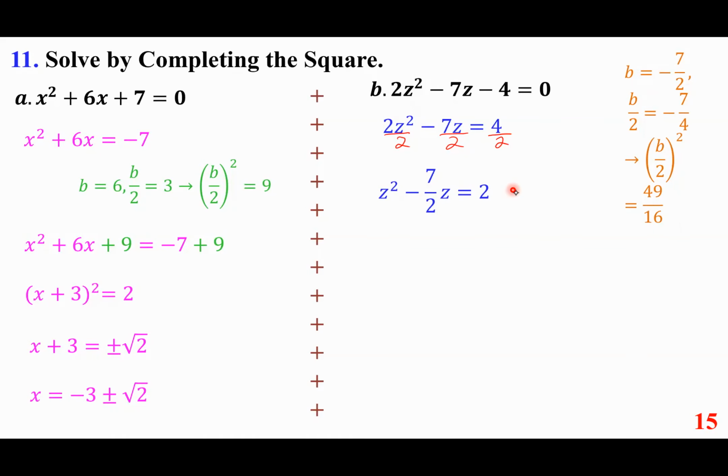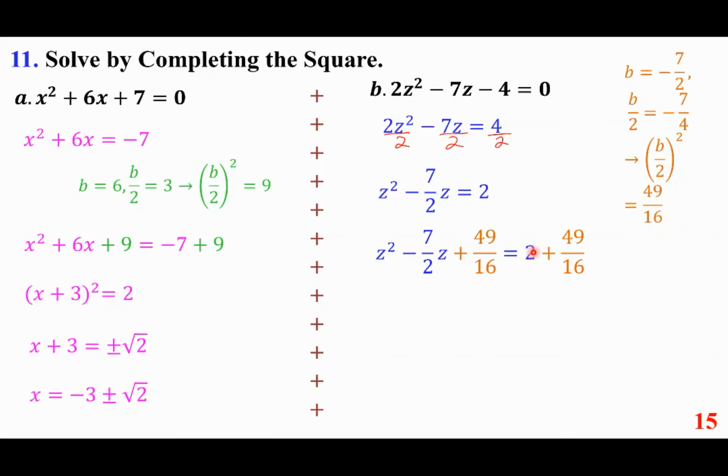And so we're going to add that to both sides. So what happens to the left side is what I just mentioned. Whatever the variable, in this case z, and whatever b over 2. b over 2 happens to be minus, so minus 7/4 squared.